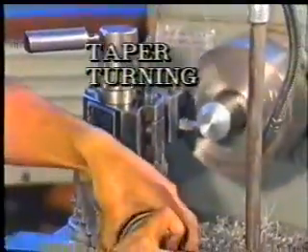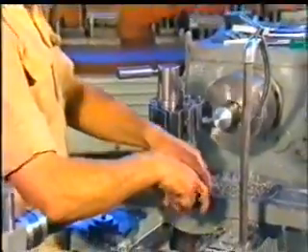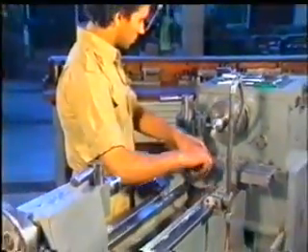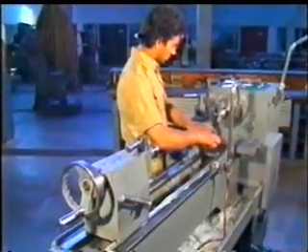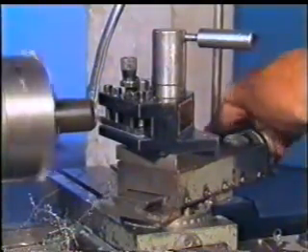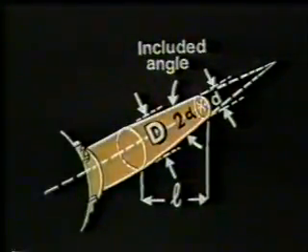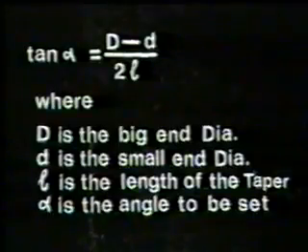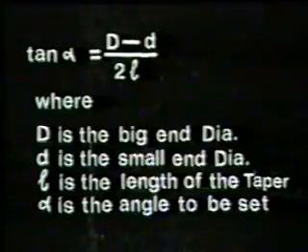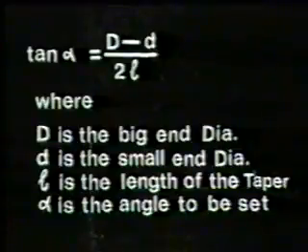Taper turning means to turn a conical surface. For turning short tapers by using the compound slide, the angle to be set is calculated by the formula shown, where D is big end diameter, small d is small end diameter, L is the length of the taper, and alpha is the angle to be set.